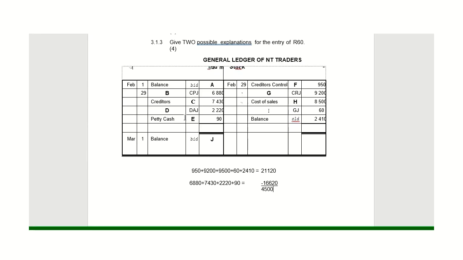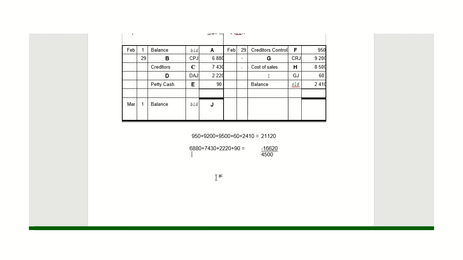D. D is now a DAJ. Remember, we're working with the trading stock account. Think of a DAJ. A DAJ basically has 2 columns, a sales column and a cost of sales column. The sales column is what is returned by the debtor, and the debtor must be credited or reduced with the selling value.